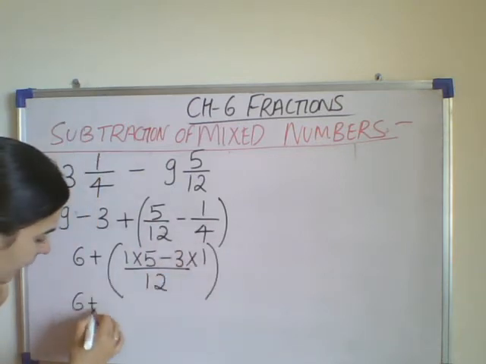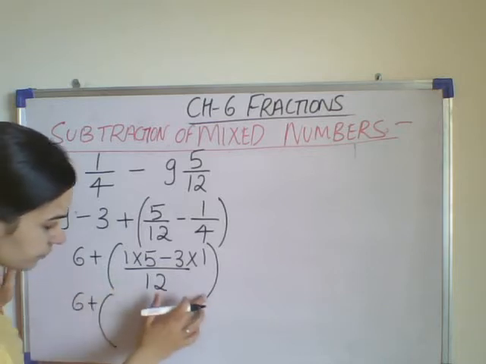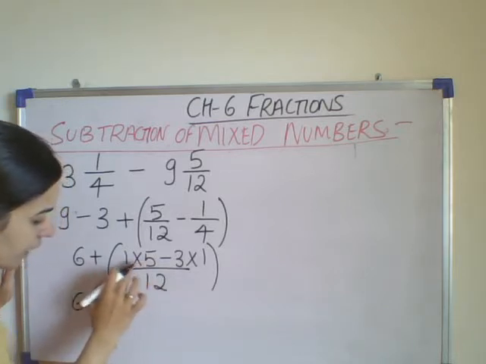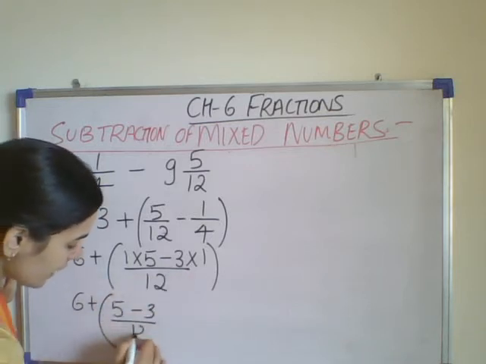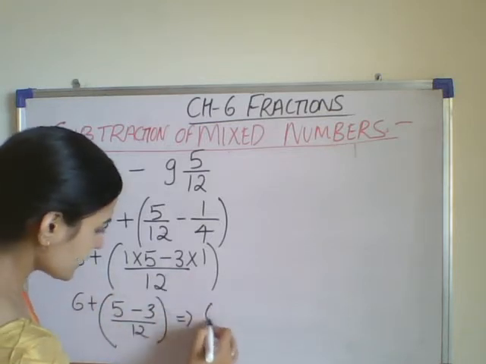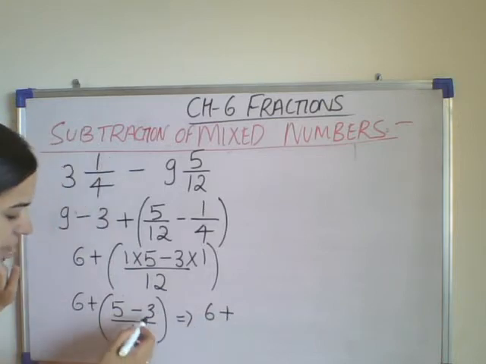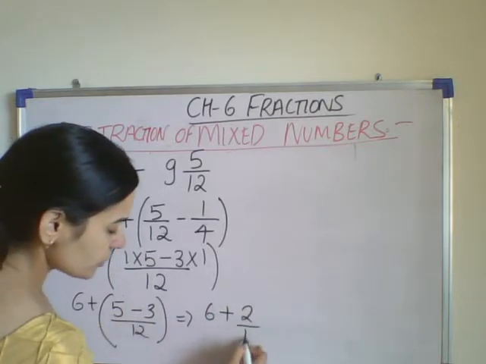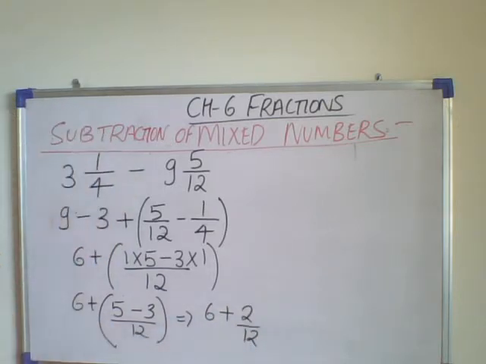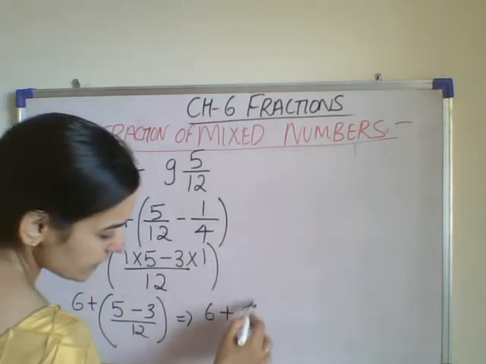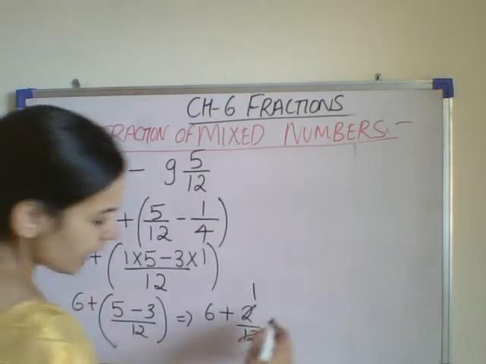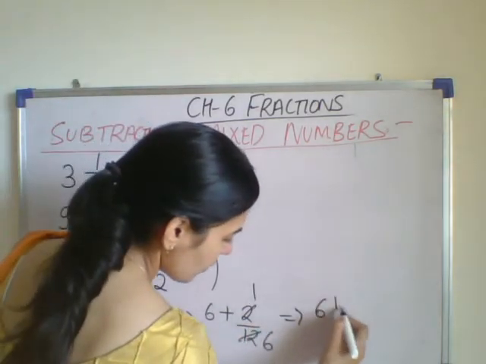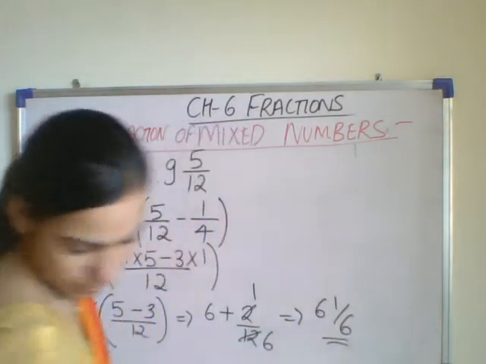So 6 plus 5 ones are 5, minus 3 upon 12. So I get 6 plus 5 minus 3 is 2 upon 12. So we can cancel it. 2 ones are 2 and 2 sixes are 12. So what do we get here? We get 6, 1 upon 6. This is our answer.